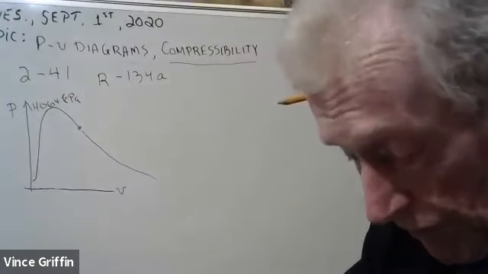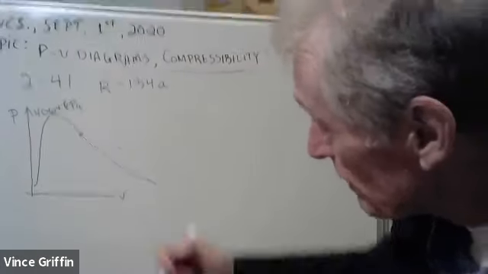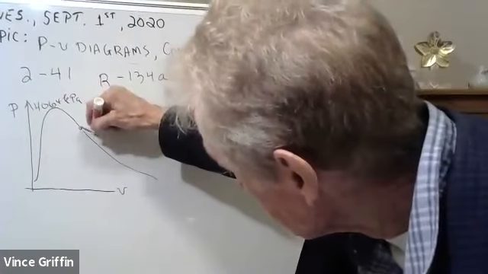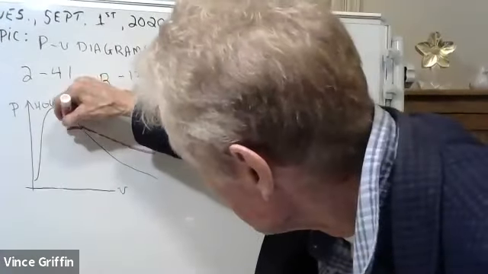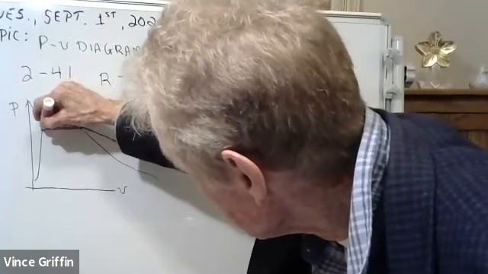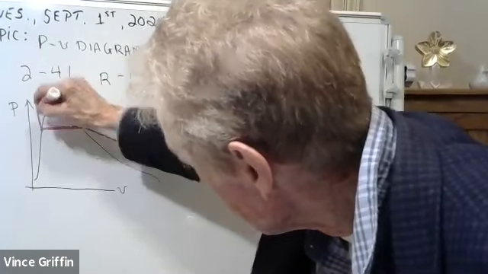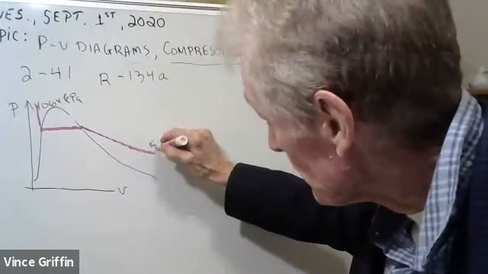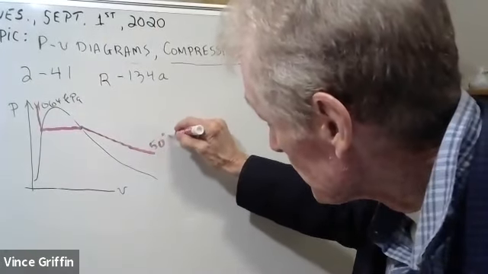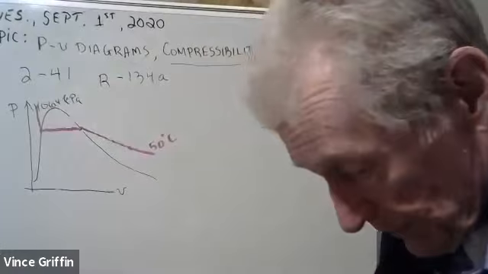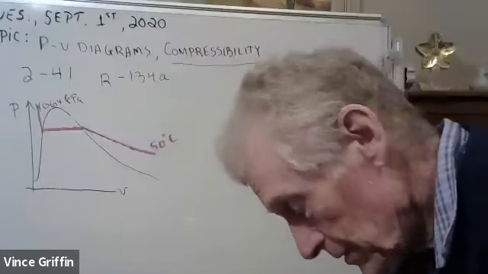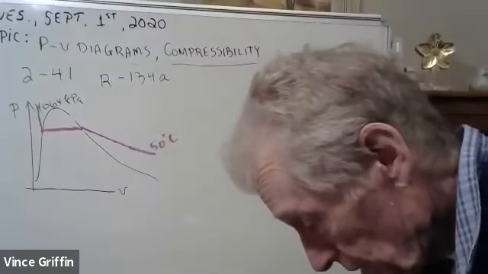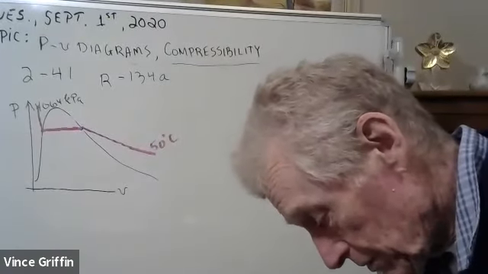And I'm going to draw the 50-degree isotherm. And you know how they go. They go like this. That's the 50-degree Celsius isotherm. Okay, let me keep reading here now. 241.